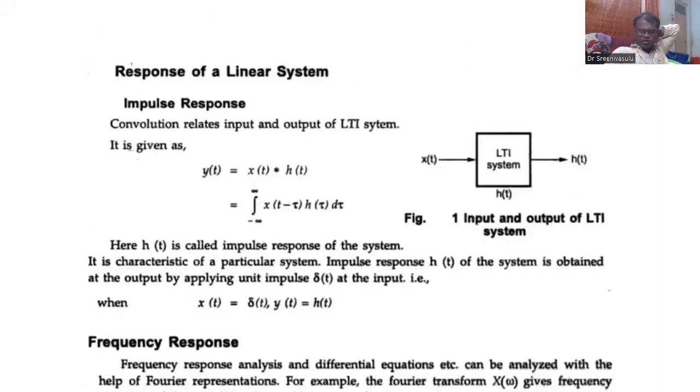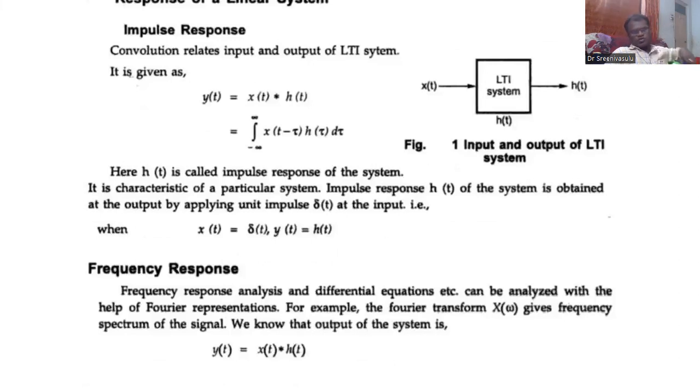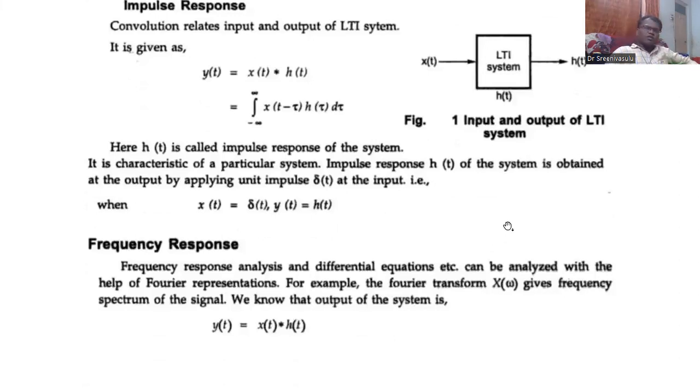Next one is the frequency response of the system. So far in the Fourier transform, we have concentrated only on converting a time domain signal into the frequency domain. Whenever we convert a time domain signal to a frequency domain signal, the transformation is a Fourier transform.